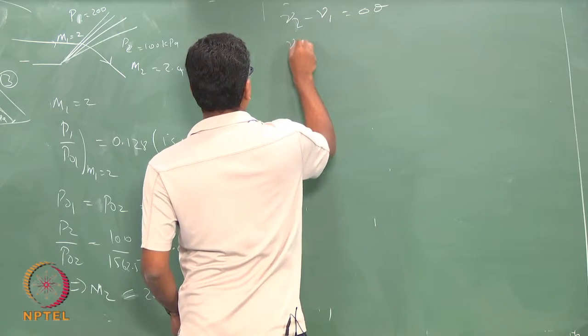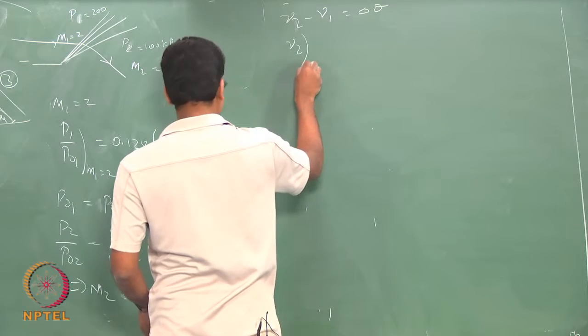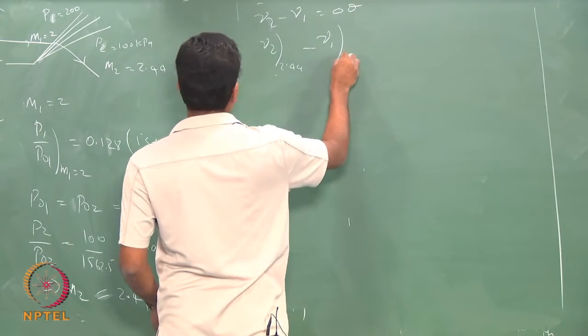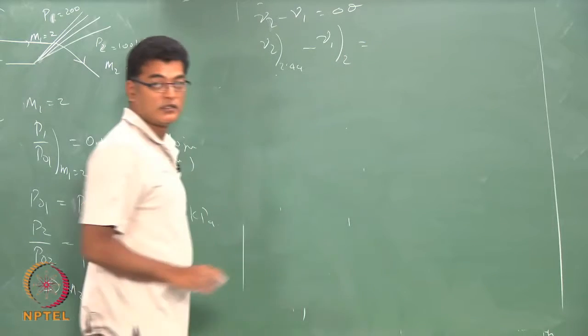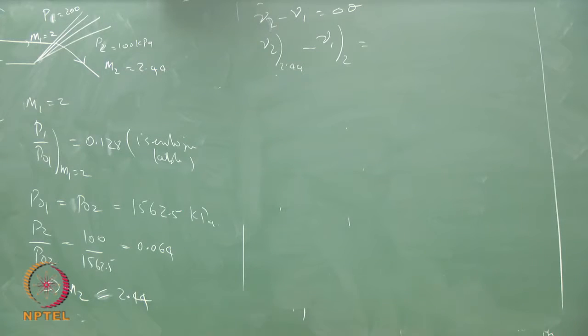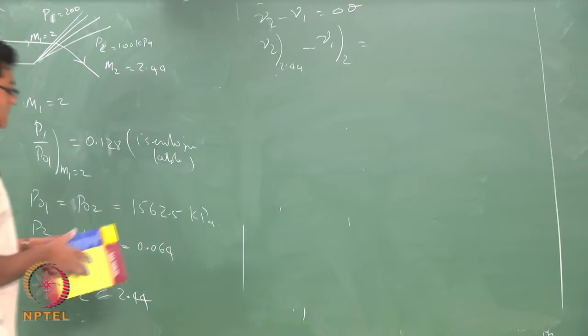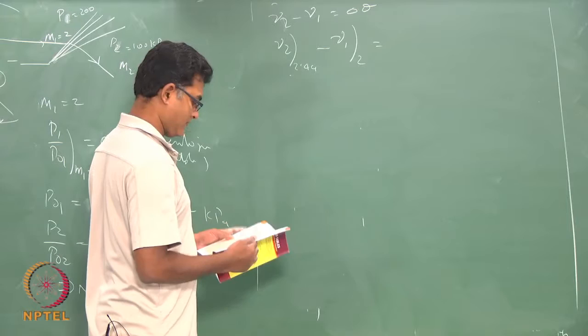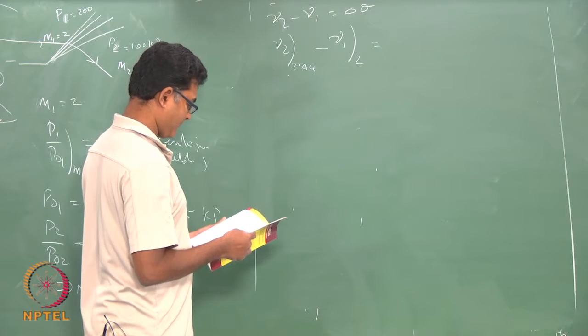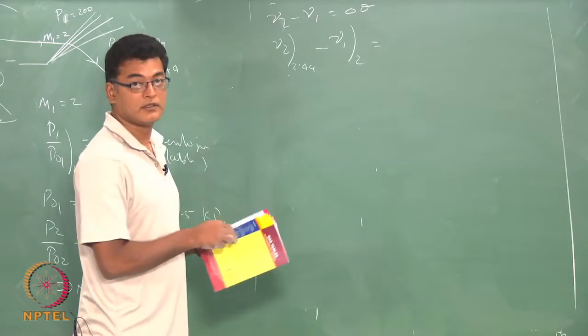So nu2 for 2.44 minus nu1 for 2 from the Prandtl-Meyer expansion. How much?